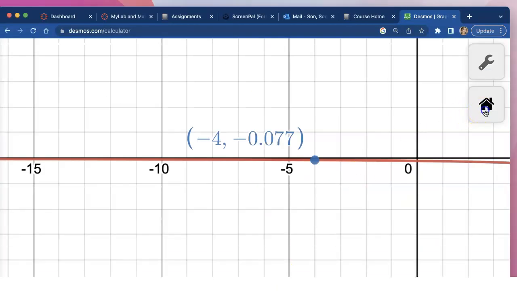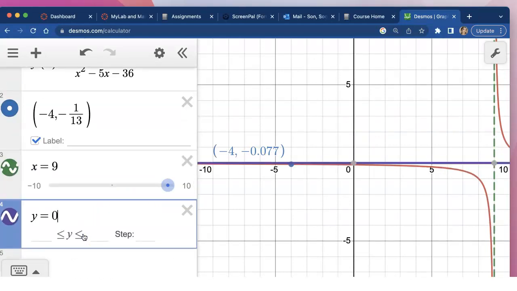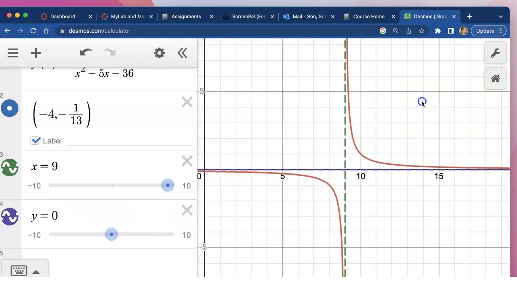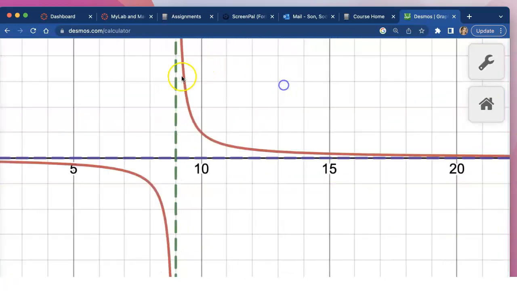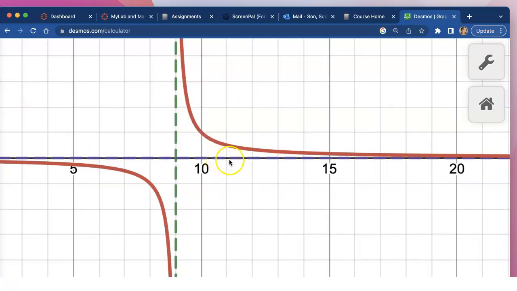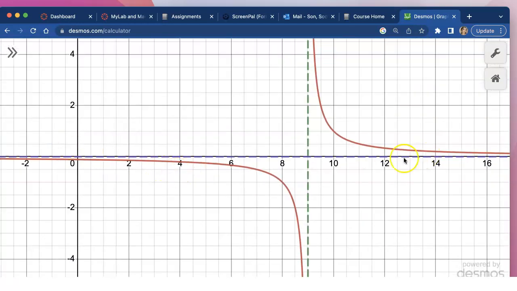And if you see our graph, I can go ahead and sketch y equals 0 as a dotted line. If you follow the right end of the graph, you see the red line is coming down. You see how it is approaching that purple dotted line. So we do see this graph has a horizontal asymptote at y equals 0.